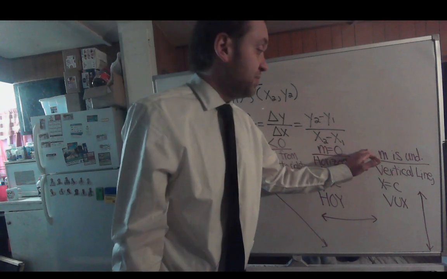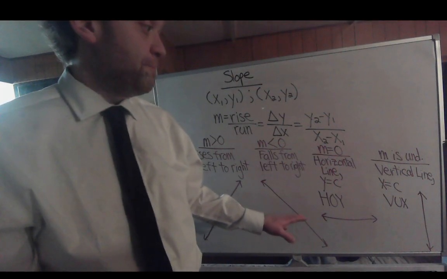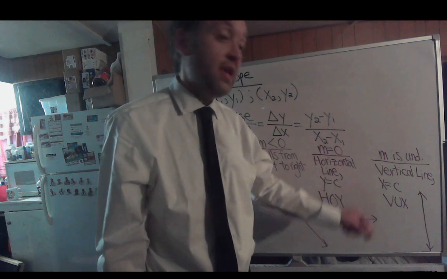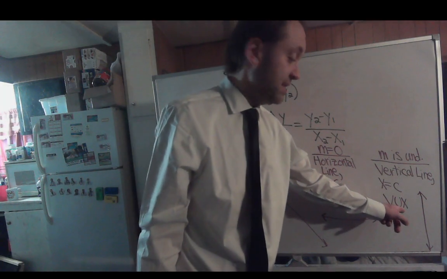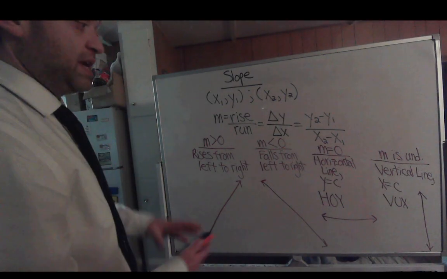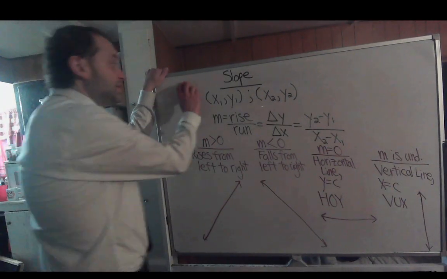Then if your slope is undefined, you get a straight up and down vertical line, and the equation for that will be x equals some constant. Vertical line, undefined slope, x equals. So those are the end behaviors of the different types of slopes of lines.